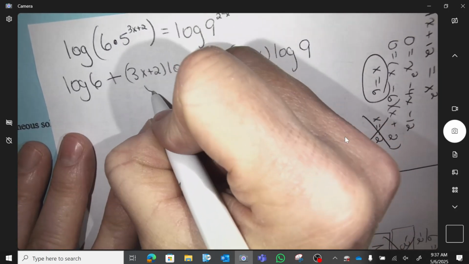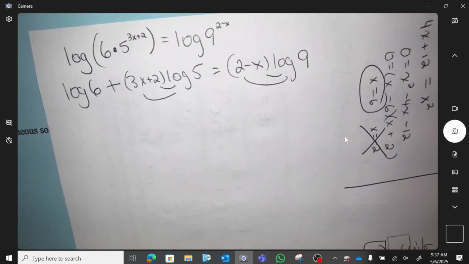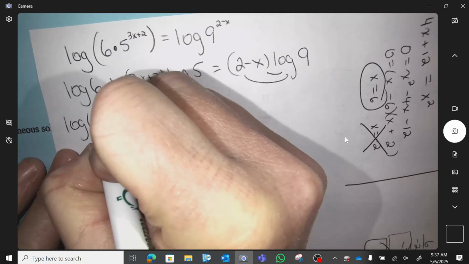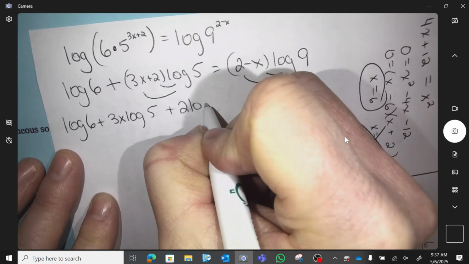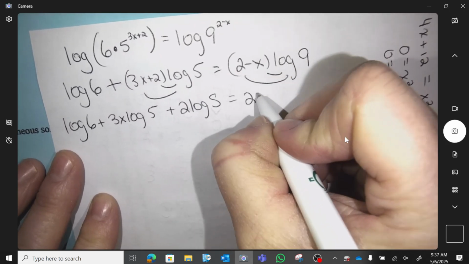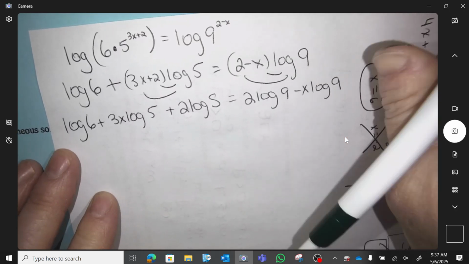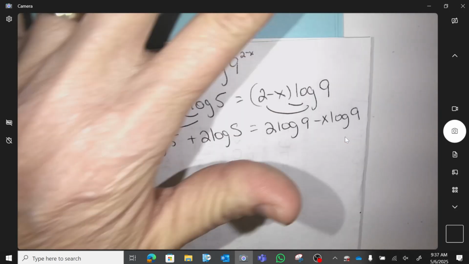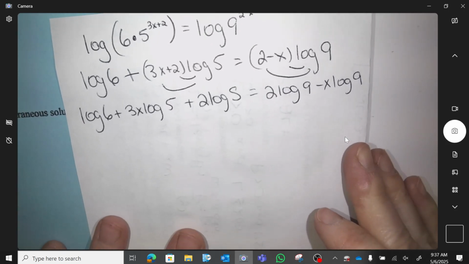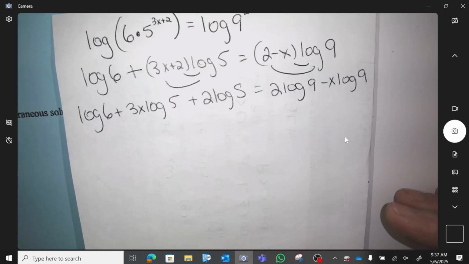Okay, next stage, you should have actually two brackets that you're gonna have to distribute, that side and that side. If you showed anybody who didn't know math this question, it would look really complicated, but it's actually not.